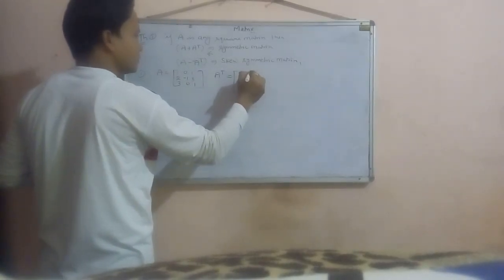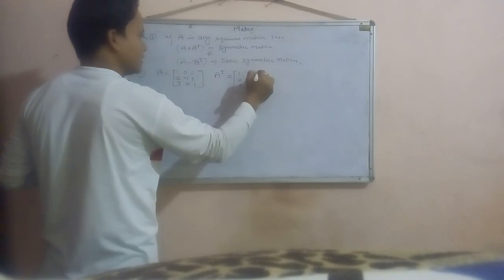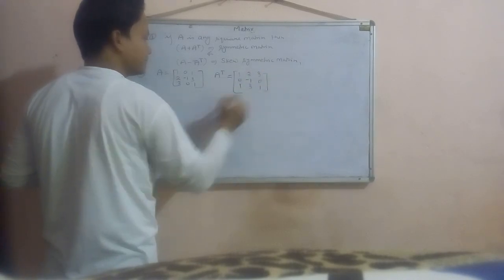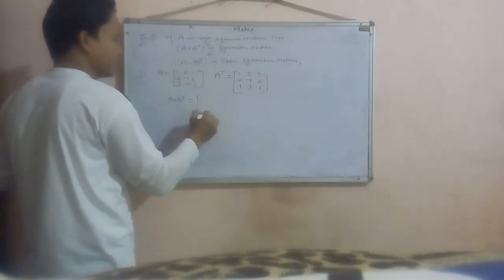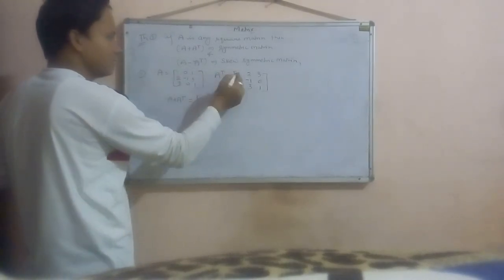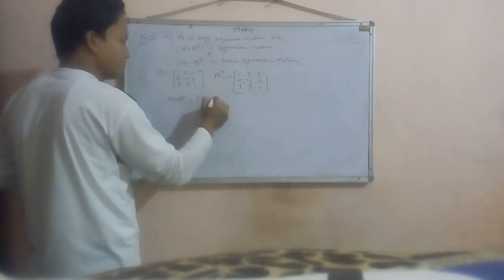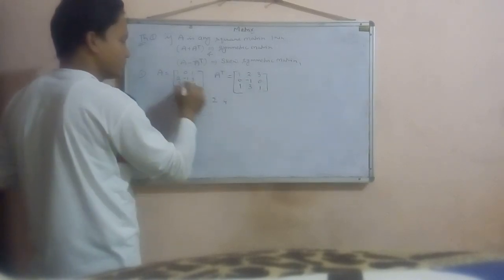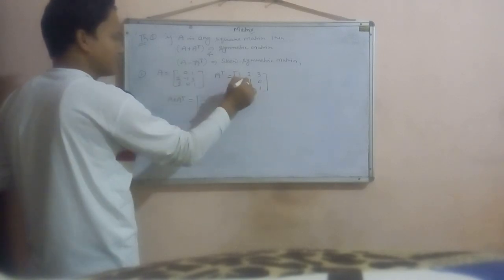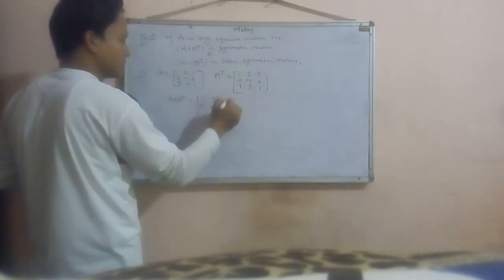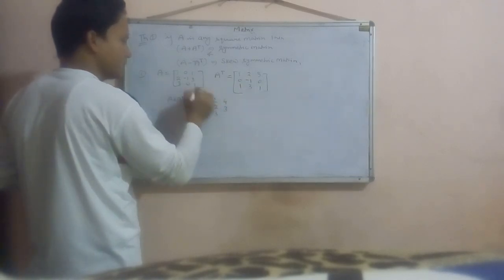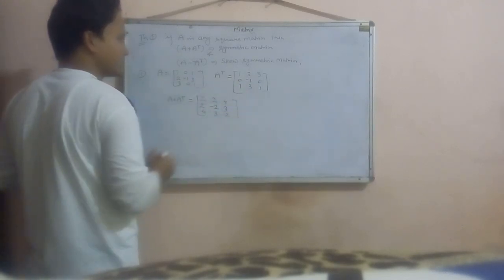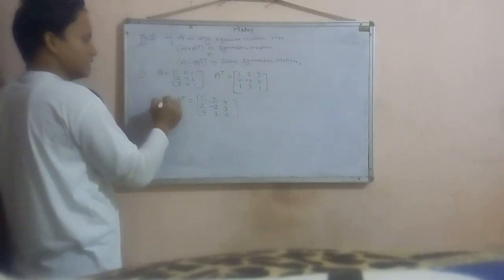The transpose will be 1, 2, 3, 0, minus 1, 0, 1, 3, 1. Now A plus A transpose: on adding these terms, 1 plus 1 is 2, 0 plus 2 is 2, 1 plus 3 is 4, 2 plus 0 is 2, minus 1 minus 1 is minus 2, 3 plus 0 is 3, 3 plus 1 is 4, 0 plus 3 is 3, and 1 plus 1 is 2. So this is A plus A transpose.